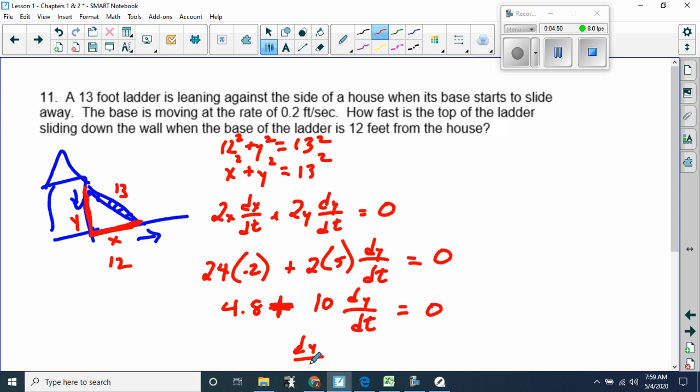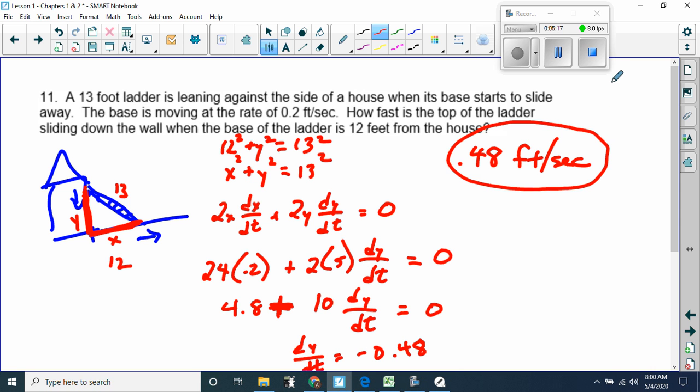And you'll get dy dt equals negative 0.48. It is negative because this side here is decreasing in size, because the side of that triangle is getting smaller. It wants to know how fast. When it asks how fast, we don't necessarily include the negative there. So 0.48 feet per second. And there's some related rates for you.